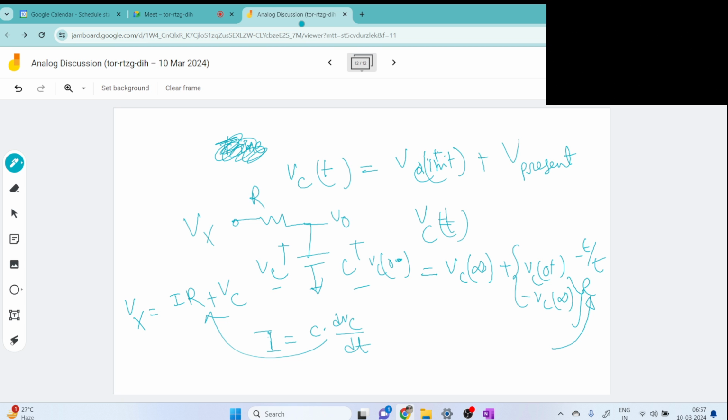If you solve for VC of t, you will get this type of equation.